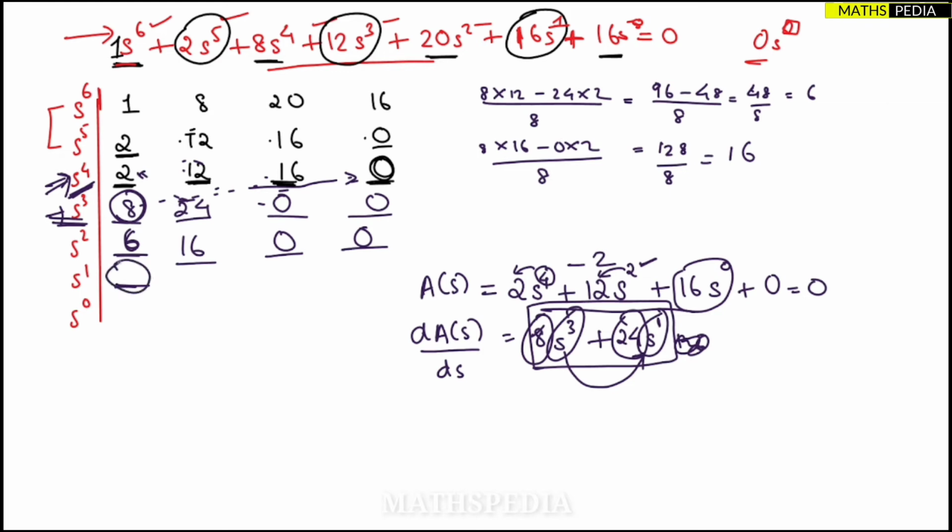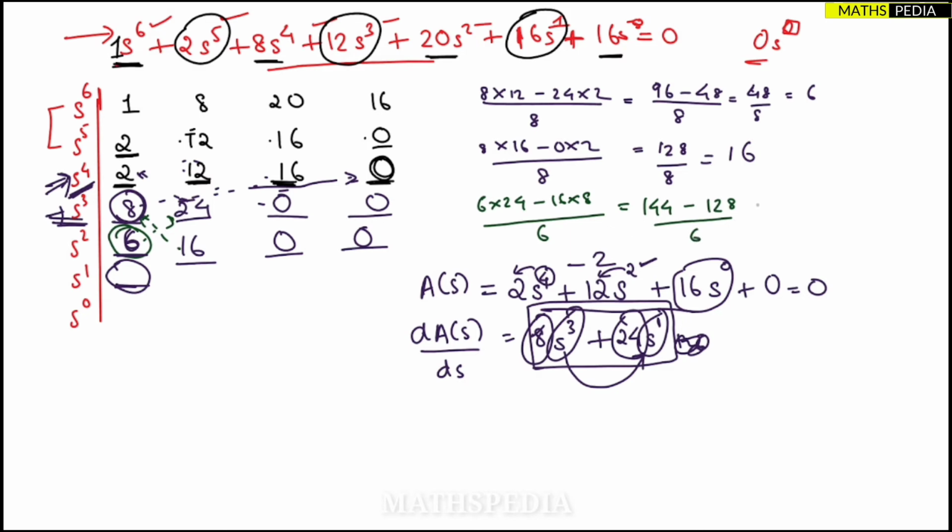Now let us go for s power 1. Now this will be our element. 6 into 24 minus 16 into 8, divided by 6. So 24 into 6 is equal to 144, minus 16 into 8, which is equal to 128, divided by 6.